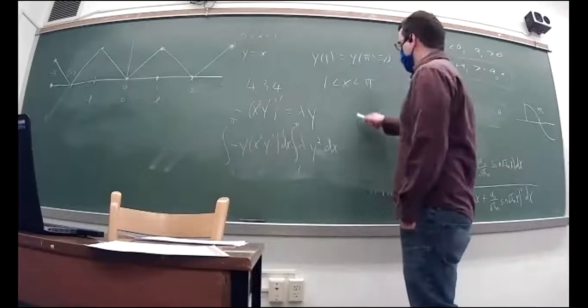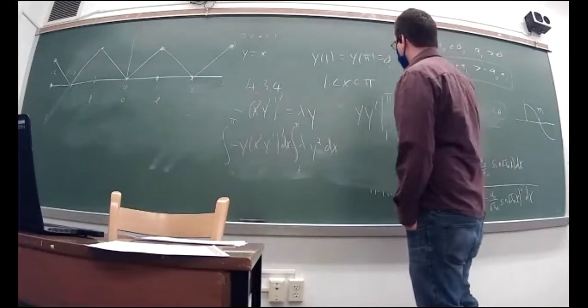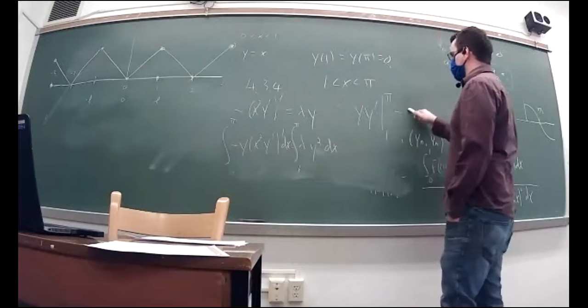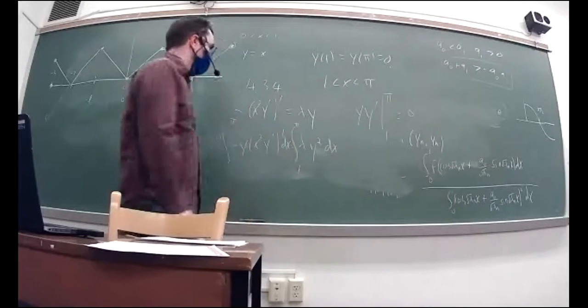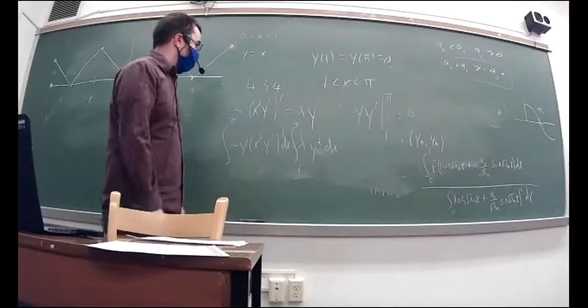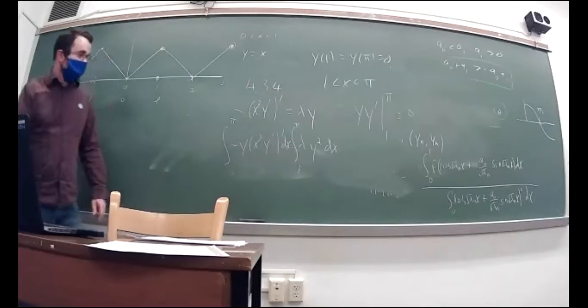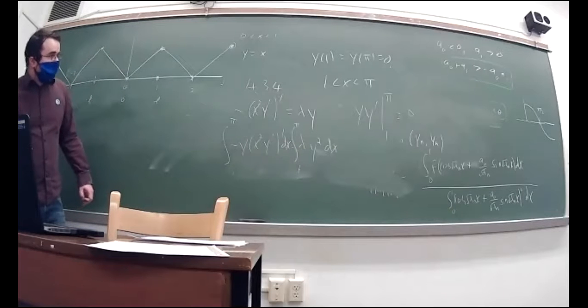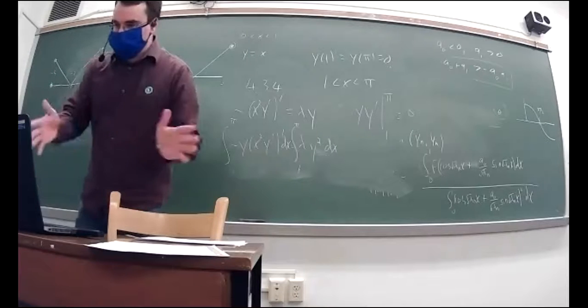And that's another way to see that it's y y prime from 1 to pi. Plug in these conditions, see that it's 0, and you'll be able to argue that the lambda here has to be non-negative. Okay. Just went through that really fast, but just wanted to point it out.